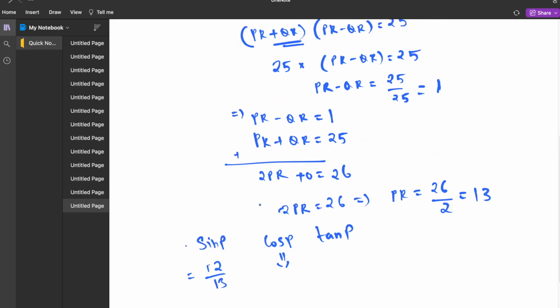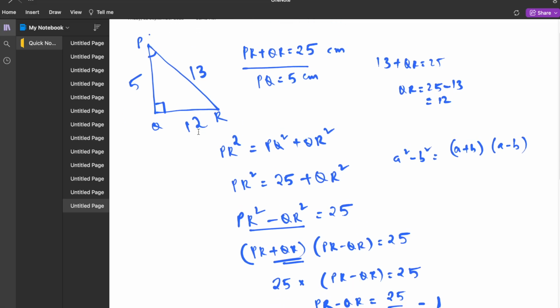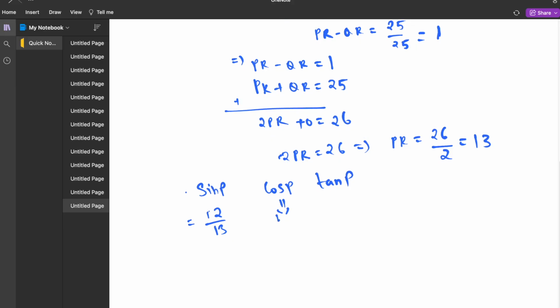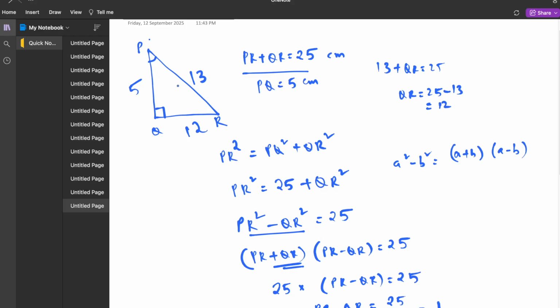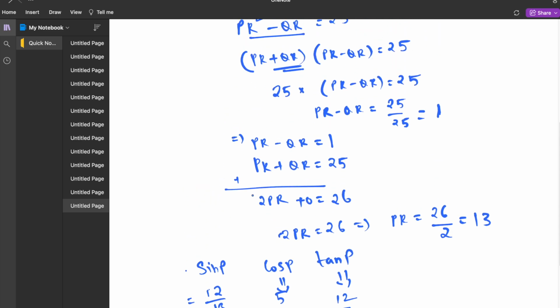Cos P is adjacent side, that is 5, by hypotenuse, that is 13, so 5 by 13. Tan P is opposite by adjacent, that is 12 by 5. That's how we solve sin P, cos P and tan P.